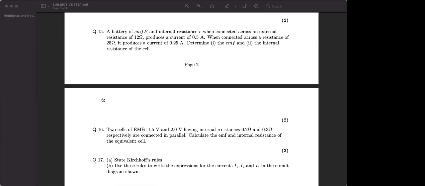Nabil and Saifullah, are you sharing your PDF? Yes, sir. So please share a PDF. The time is over. Just 1 minute, sir. Sending it. Saifullah, you too, please.